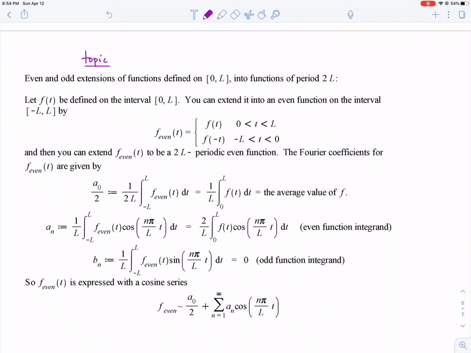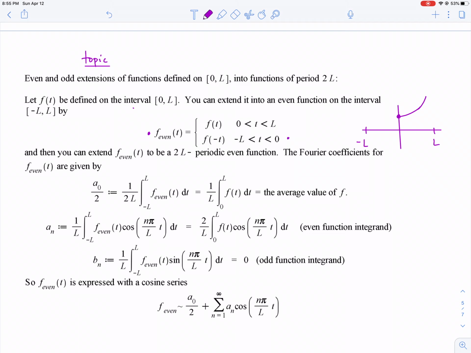So if f is defined on the interval from 0 to L, then the way to extend it as an even function is to make f of t equal to f of minus t when t is negative.